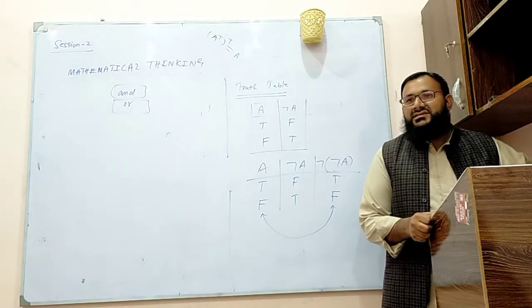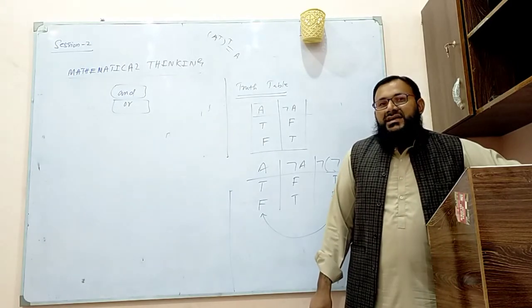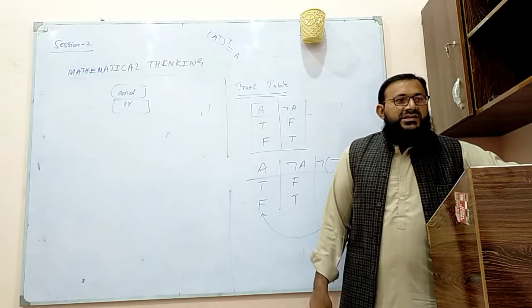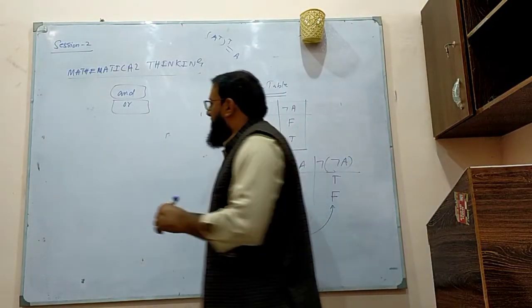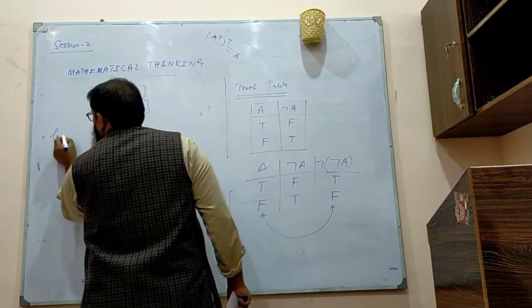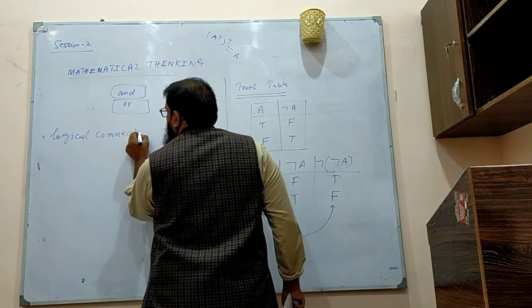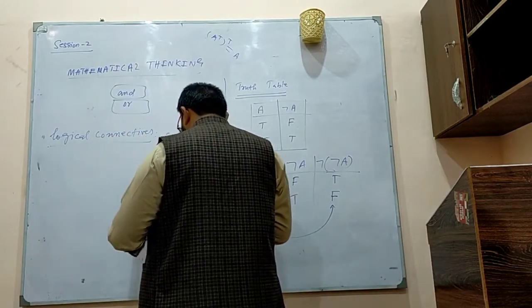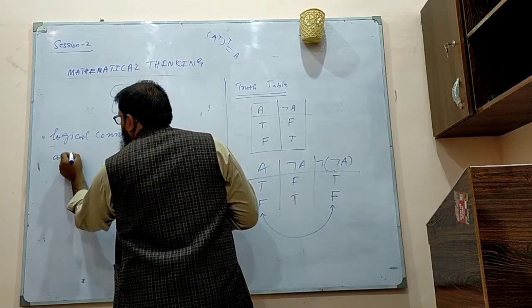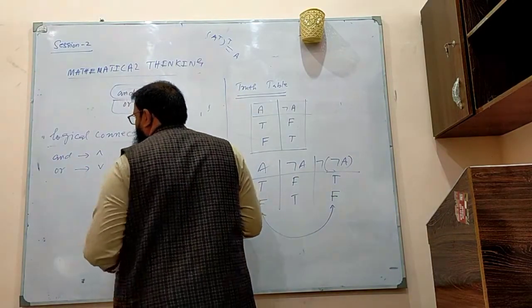One is "and" and another is "or". Similarly, you can connect some mathematical statements in this way as well. These things are called logical connectives. So "and" is written in this way and "or" is written in this way.